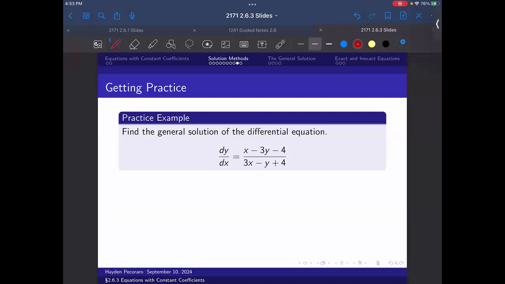All right, so after you do that, you just plug it back. So it's like 7 plus 9 feet.